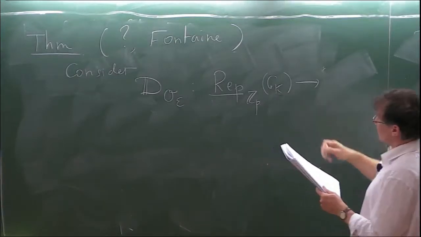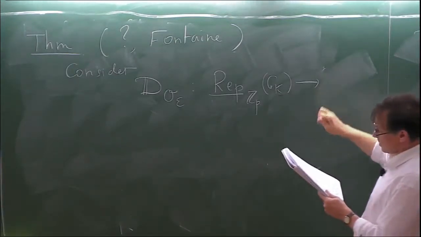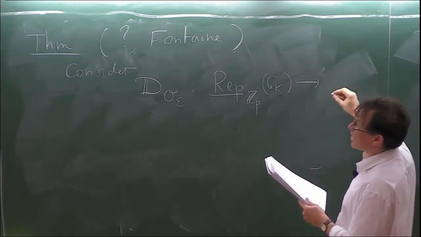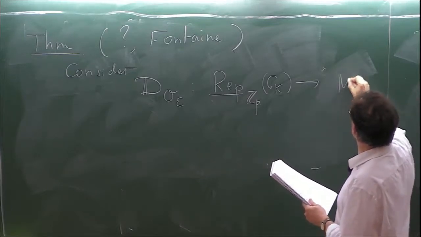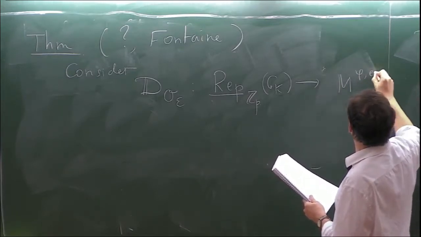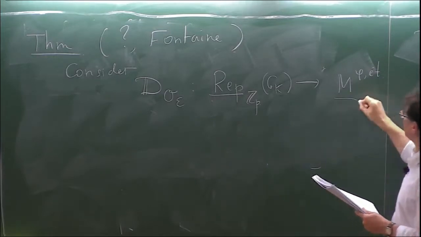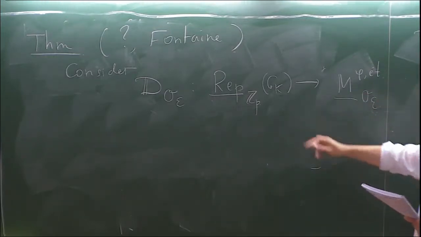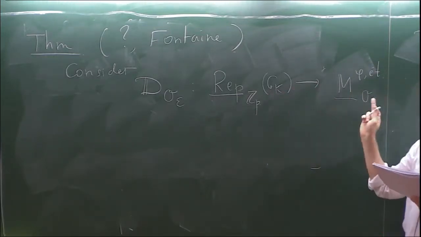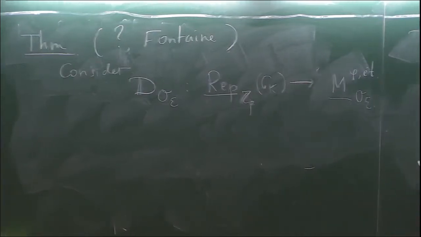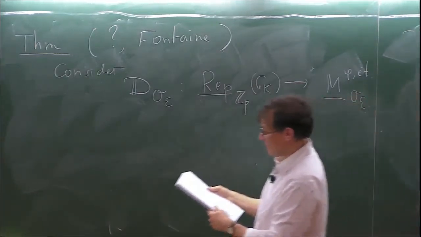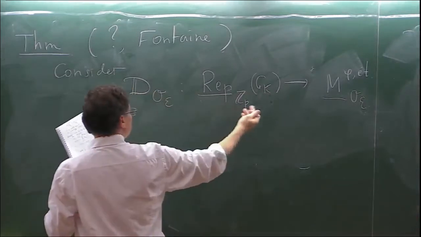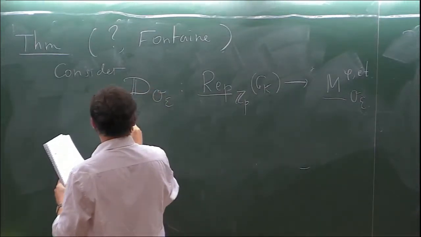So we consider the functor D to the category of étale phi modules over O_E. It is not automatic, but it is part of the proof to show that this functor indeed gives an étale module.